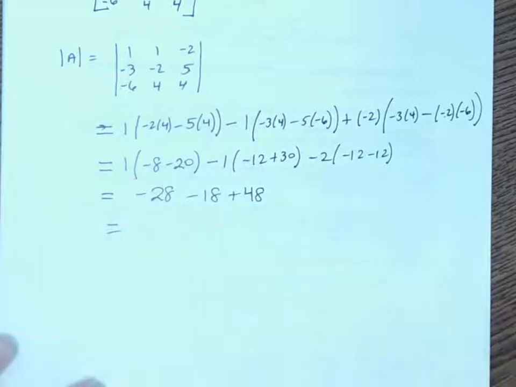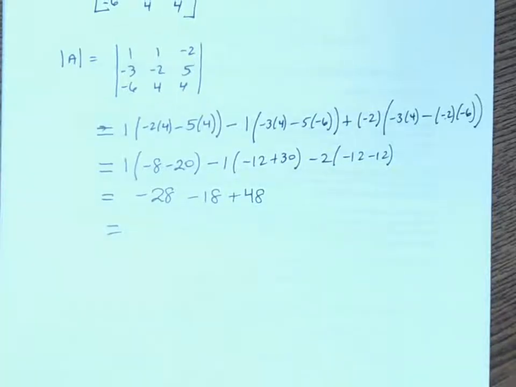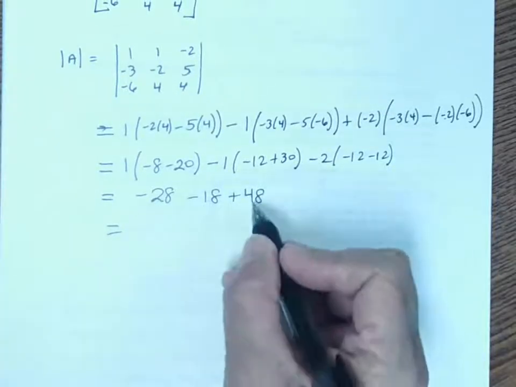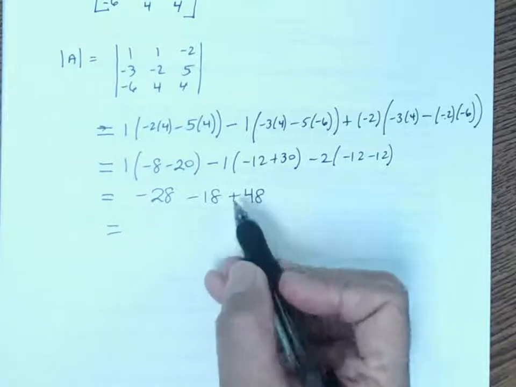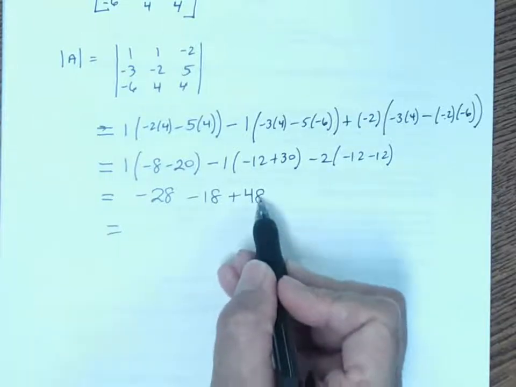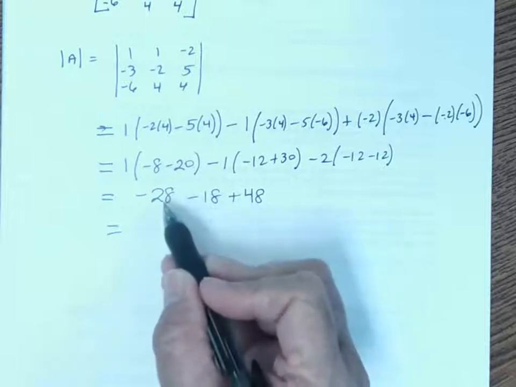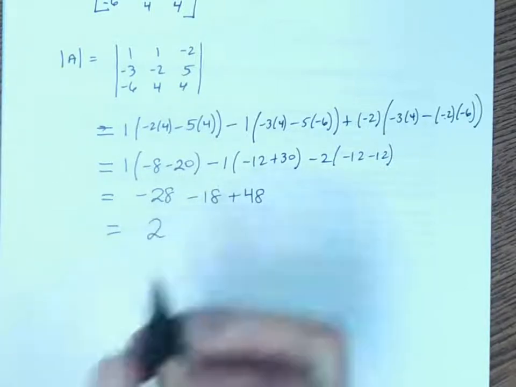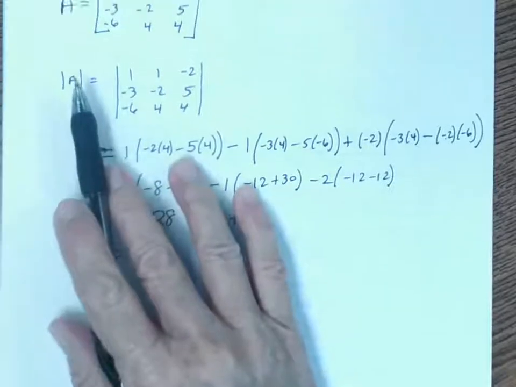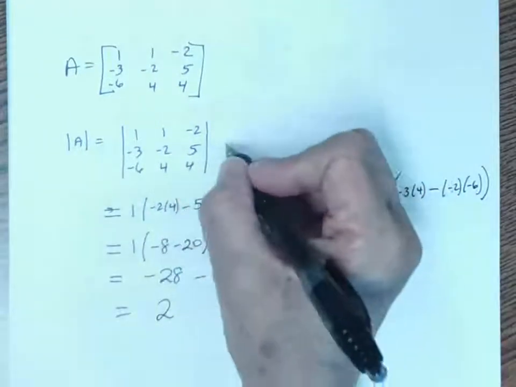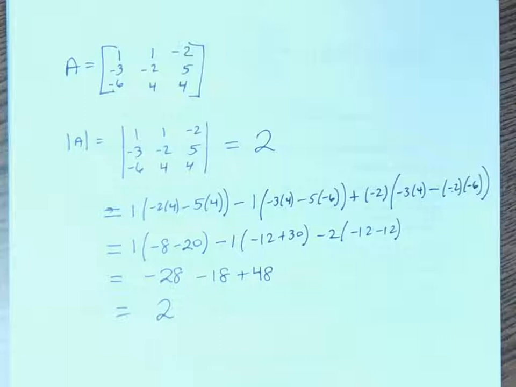And now we're just going to go through and add those together. So negative 28 minus 18 plus 48. I would add these two together in my head. That gives me 30 minus 28 gives me 2. So my determinant of matrix A is just 2.